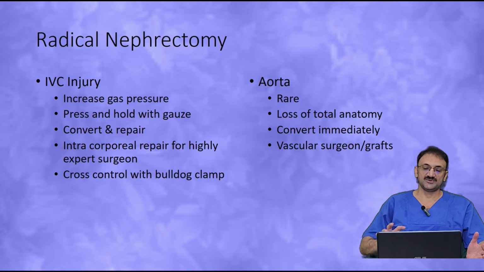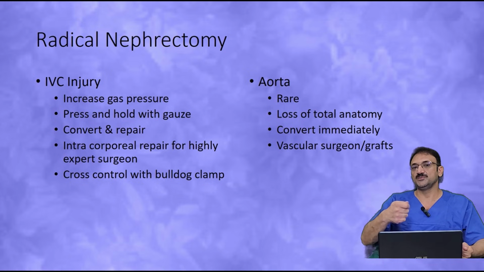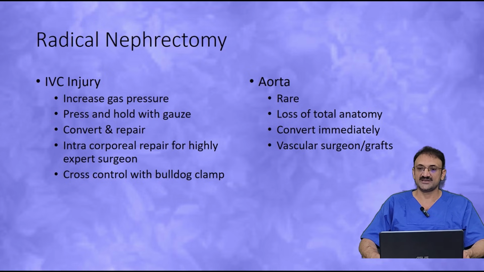So if there is a linear tear, for example, you have to take control of the inferior vena cava below the injured site and above the injured site. The opposite, like for example the left renal vein, in order to decrease the hemorrhage. So once the hemorrhage is controlled, you will be able to apply the sutures. But if you are not really comfortable with it, the bleed is more, you suspect that there will be hemodynamic instability, then you of course have to convert the procedure.